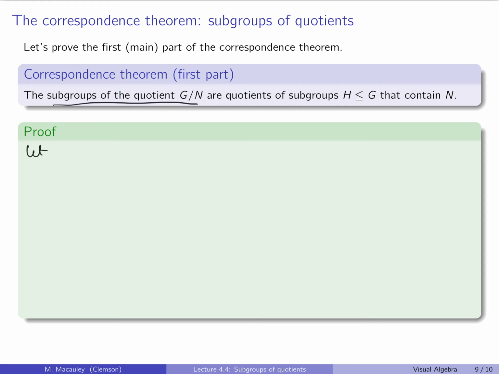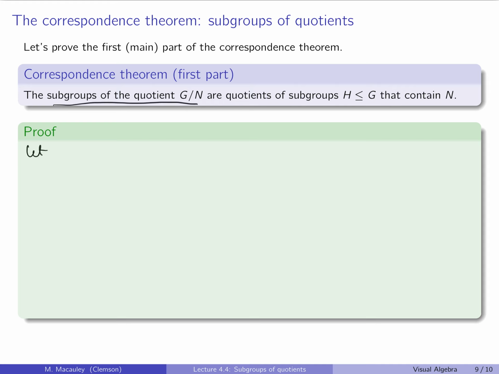So that's one direction. In other words, it shows that if you have a subgroup of the quotient, it is a quotient of the subgroup, but the correspondence means that there's this bijective correspondence between the two, so we have to show that every subgroup H that contains n has to define a subgroup of the quotient. So in other words, conversely, suppose we have a subgroup H that contains n.